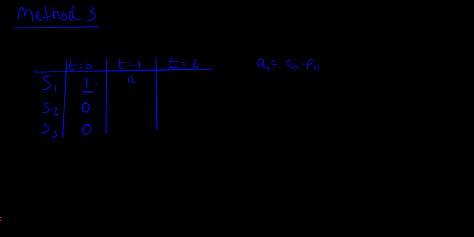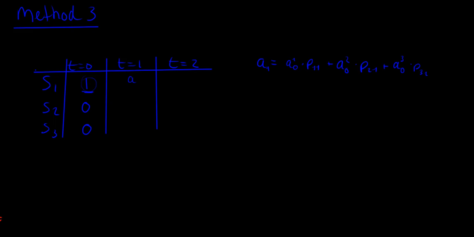So we denote that with P11 because we look at our transition matrix. Plus, at time 0 of state 2, multiplied with the probability of going from 2 to 1. Plus A at 0 from state 3, multiplied with the probability of going from state 3 to 1.